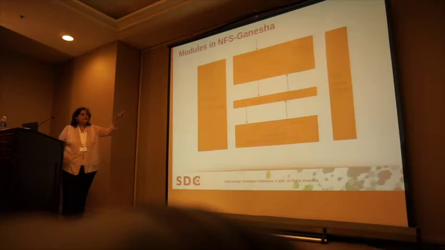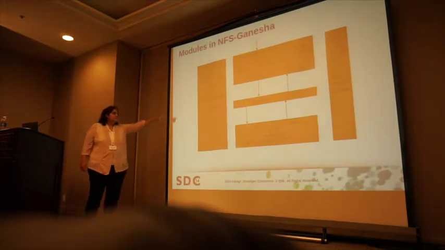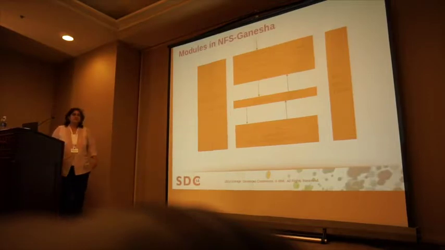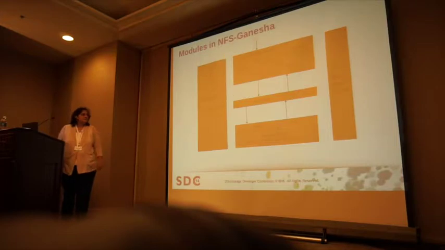This is the high-level architecture for NFS Ganesha, where this is the logging module. We have recently added LTTng tracing support to it. There's the external control API, for which DBus is used.